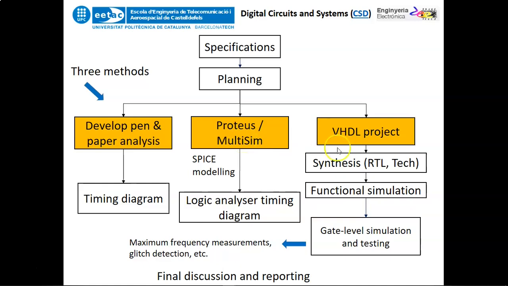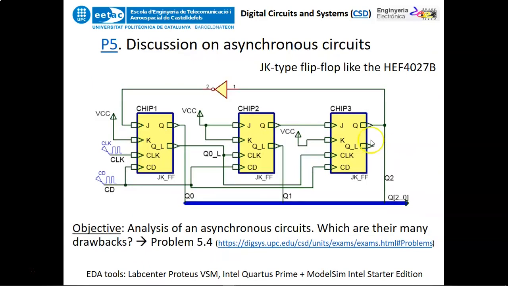And the third method, and our favorite one, is VHDL. Because the circuit exists and everything is connected, the only thing you have to do is to redraw it, annotating every single wire and specifying every single component. So here you have a project of two files. The top one, which is this circuit that you may call a sync circuit, for example. And then there is a component that can be used, a GK flip-flop, annotating every signal.